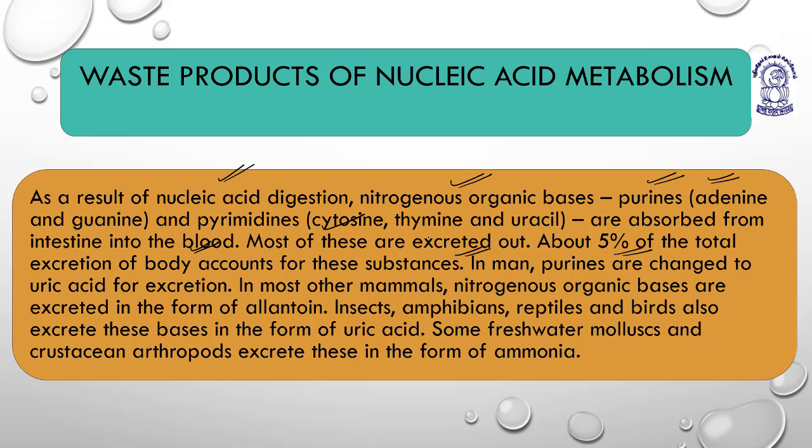About 5% of the total excretion of the body accounts for these substances. In man, purines are changed into uric acid for excretion. Very important. In most other mammals, nitrogenous organic bases are excreted in the form of allantoin.